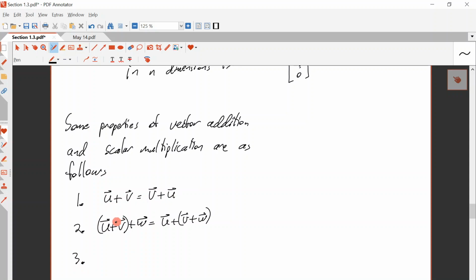The same sort of things with ordinary addition of real numbers carry through with vector addition.